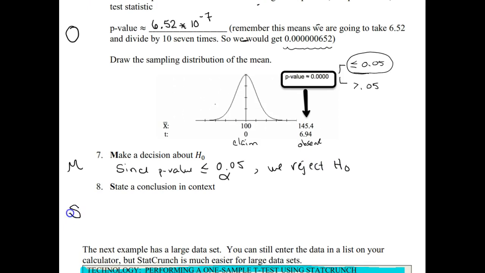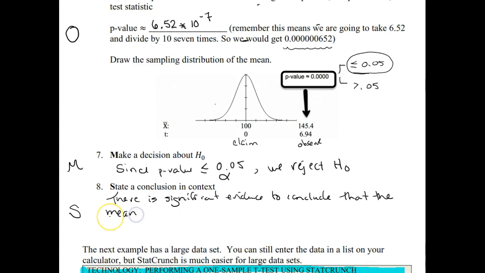Our last step here, S, is to state the conclusion in context. If we reject H0, that means there is significant evidence to conclude HA. So in this case, we're going to say there is significant evidence to conclude, and again, we just translate HA into words, and mu was the mean IQ score for all famous people.